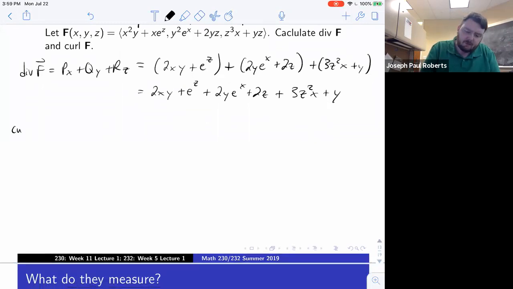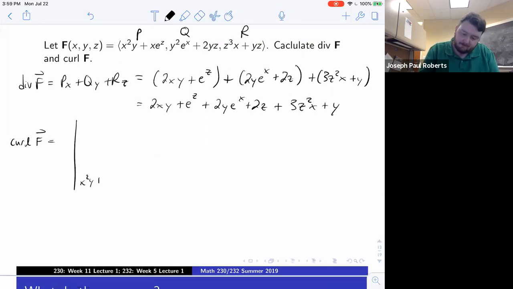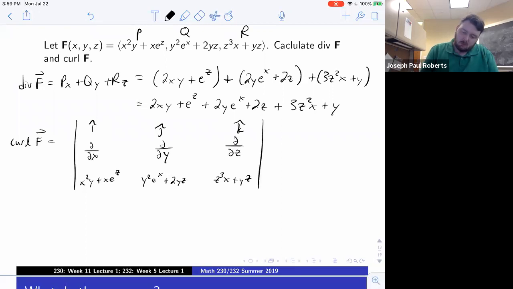And then curl F, as you'll see, it's a little bit more annoying to calculate. I've learned it makes your life easier if you do this bottom row first, so you get enough room. So for curl, the y partial of R is z minus the z partial of Q is 2y.